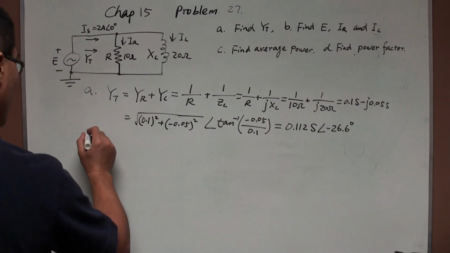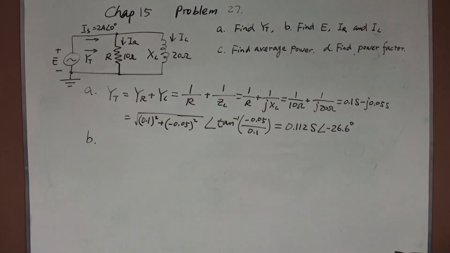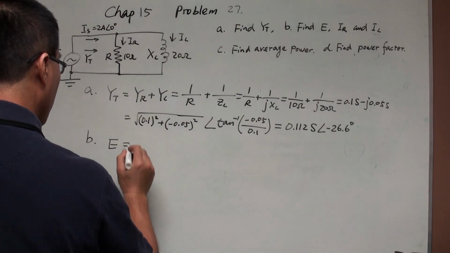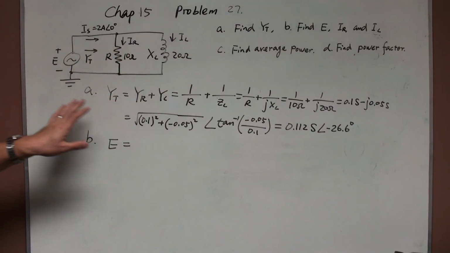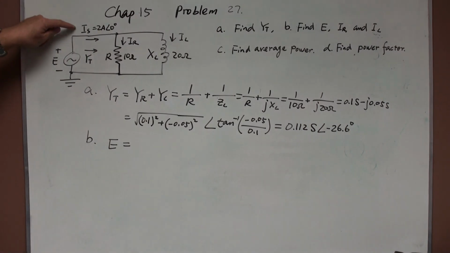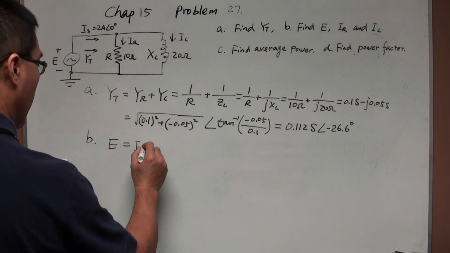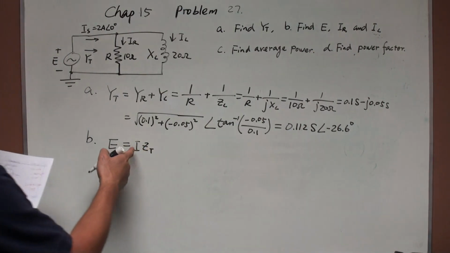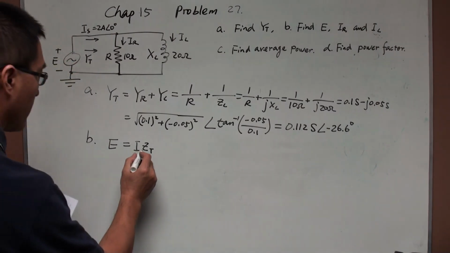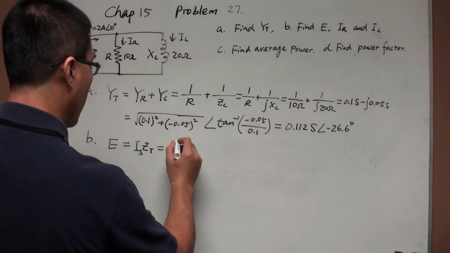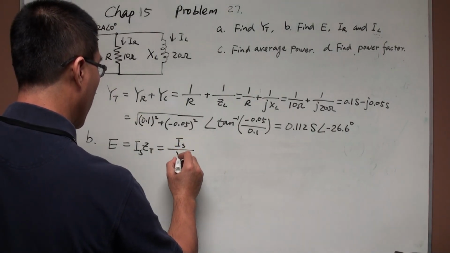Alright, so then B, we want to find E. What is E? Remember, E is the voltage for the whole circuit. We have the current and the total admittance, so we can get E. E is equal to I times ZT, and ZT is equal to 1 over YT, so it becomes IS over YT.